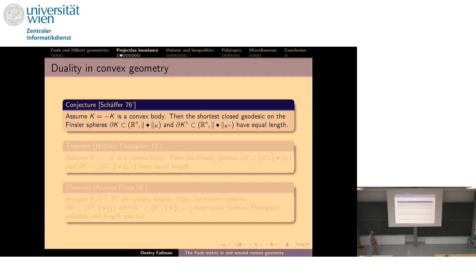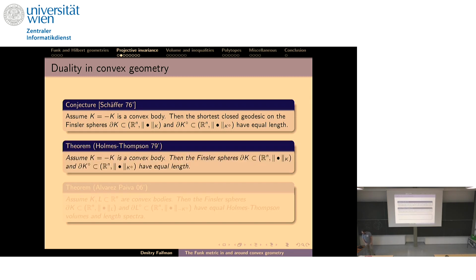And you look at the shortest closed geodesic, that's called the girth of K. He conjectured that K and K polar would have the same girth. He proved it in 2 dimensions. Then the first step in resolving this was done by Holmes and Thompson, who showed that those two manifolds have the same Holmes-Thompson volume. That's where the name comes from.